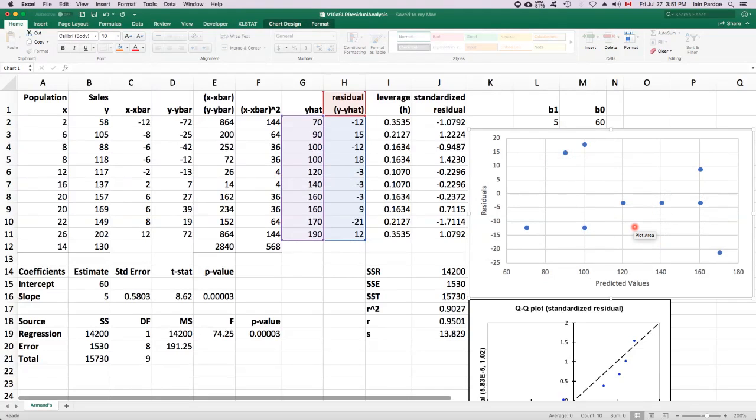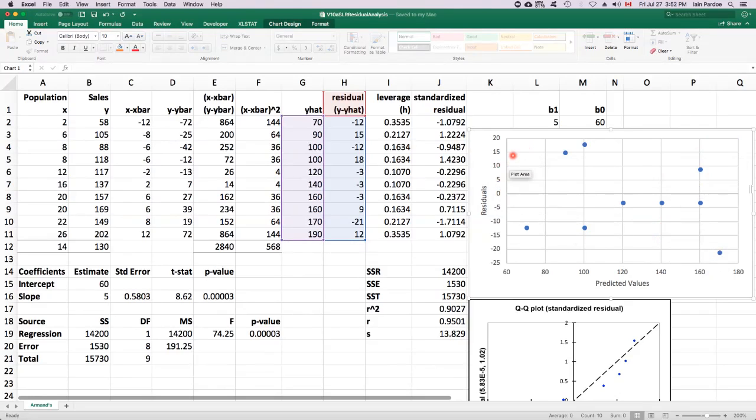It's a little difficult to do with such a small sample size, but let me give you some examples of how a plot would not look okay. So for example, if we had a whole bunch of residuals up here in the top left corner, and then a whole bunch of residuals down here at the bottom middle, and then a whole bunch of residuals up here in the top right, then the residual pattern would be kind of curved, in a U shape.